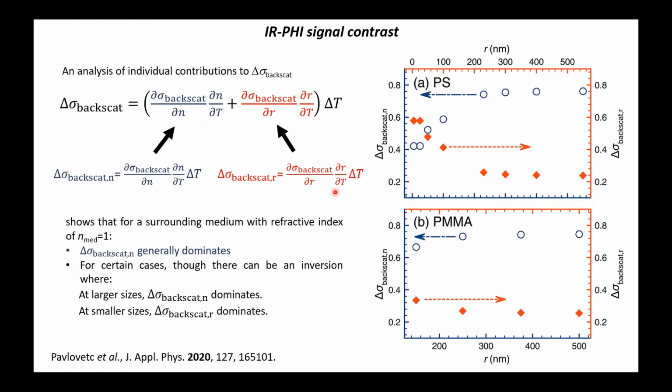And what we find is that for larger sizes, at least for the polymeric samples that we study, the thermo-optical coefficient contribution to backscattering cross-section always dominates. However, it's not always true, and for certain cases you can see that it's flipping, so it's a very complicated signal dependency when you have to measure different sizes.